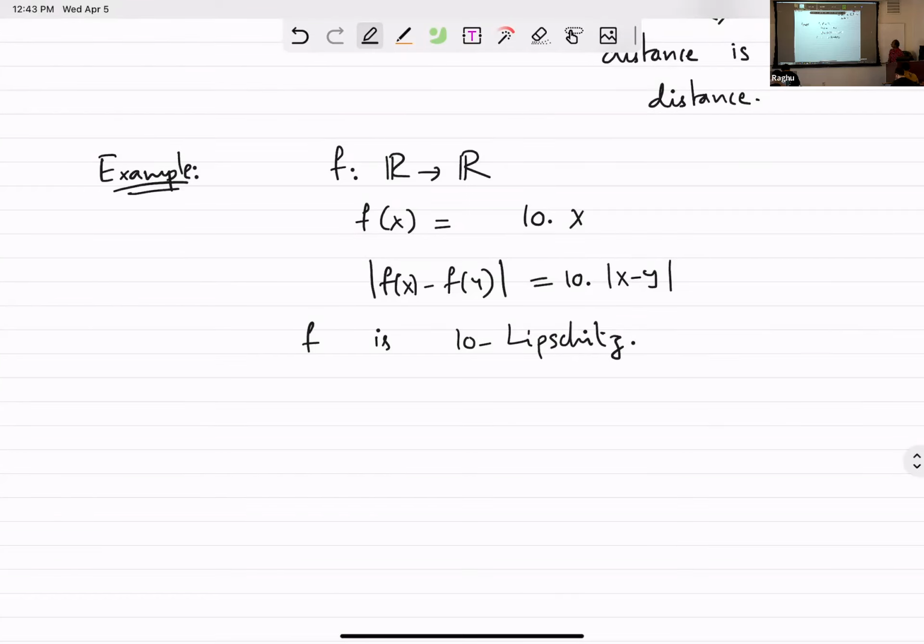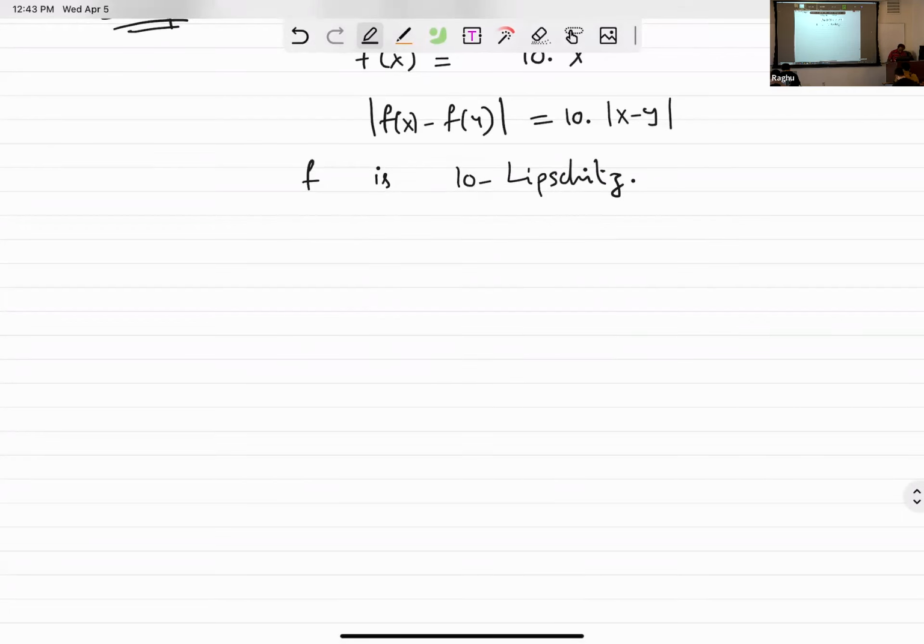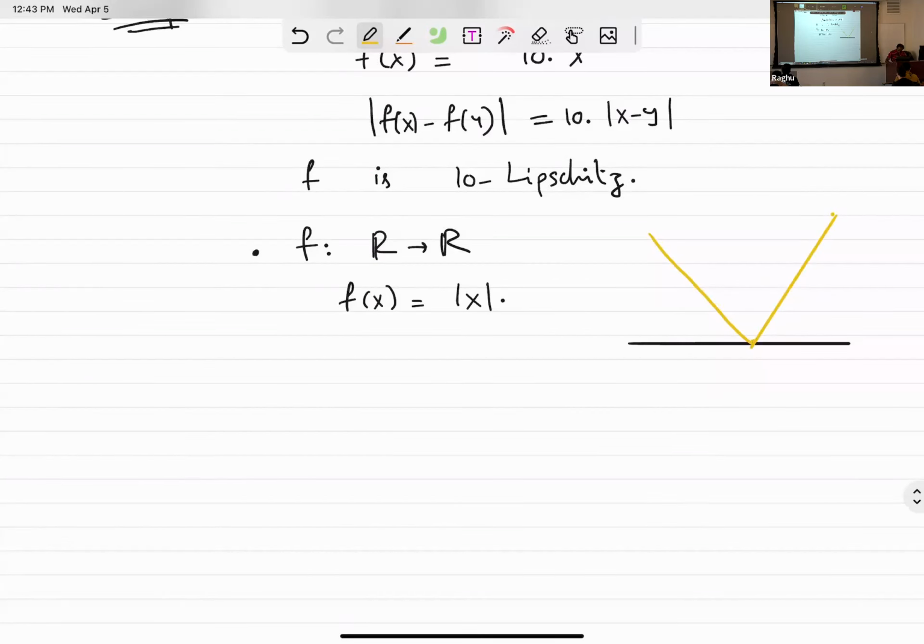Okay. And in the same place, if I take the function, let's say f of x is the absolute value of x. Here, the plot is going to be, right, this is what absolute value looks like. And this is also 1-Lipschitz.